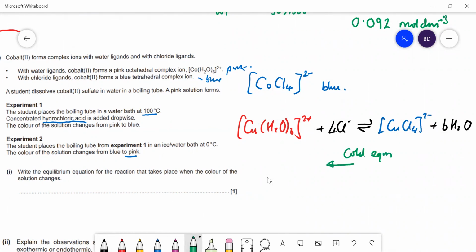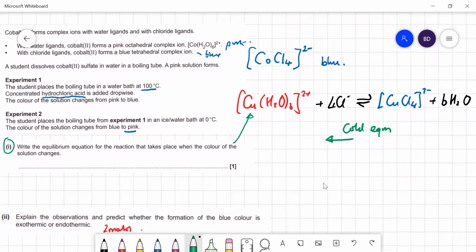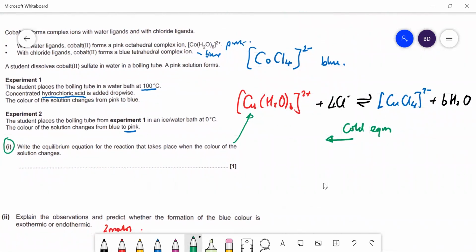Right. So we'll answer this question first. Write the equilibrium reaction. That's just that one there. The next question is, explain the observations and predict whether the formation of the blue color is exothermic or endothermic. Well, we know when we've got this equilibrium, when we make it colder, it goes backwards. If we make it colder, it will move in the exothermic direction.